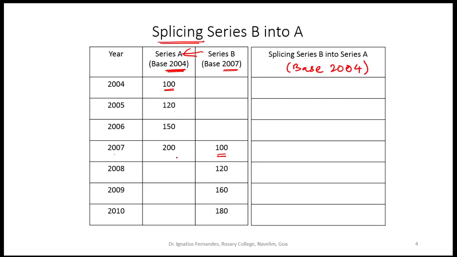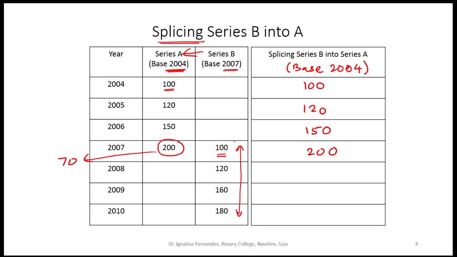So A values will remain the same, 100, 120, 150 and 200. And for these numbers, if I have to convert them in terms of A, I have to just multiply by this 200 to each one of them, and divide by 100 because we are dealing with index numbers. So this 200 is like our 70 in the example of rupees and dollars.